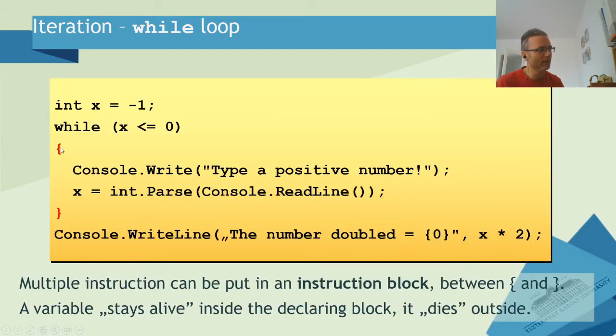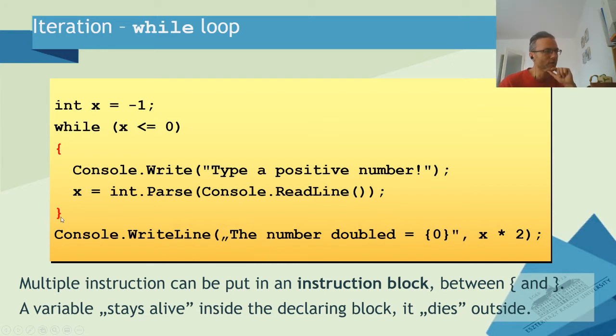The loop body is enclosed by those brackets here, and it now contains two instructions. So since the condition part is true, we start to execute those instructions. We write to the console this message, and then we ask for a new value for x. You already know those functions, ReadLine and int.Parse.